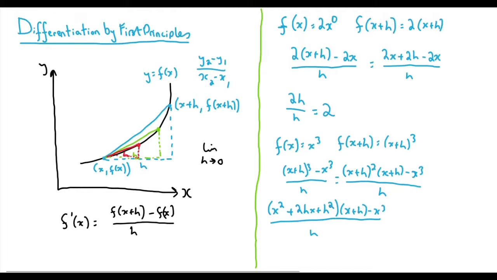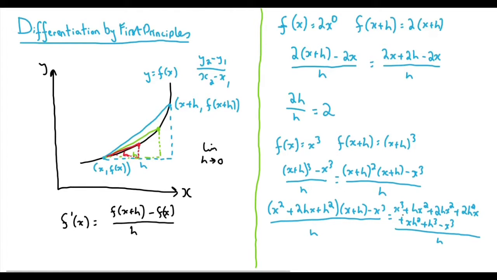Now timesing these brackets out, you end up with x cubed plus hx squared plus 2hx squared plus 2h squared x plus xh squared plus h cubed, and then minus the x cubed here, all over h.